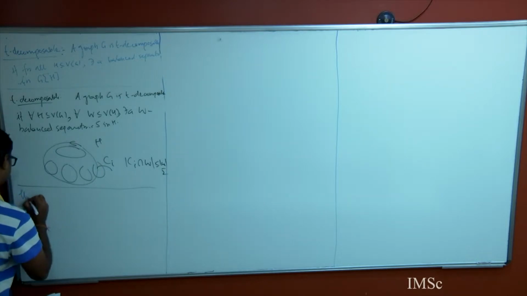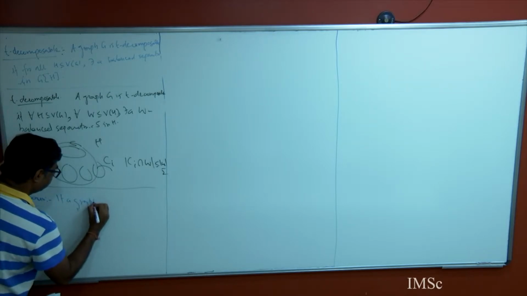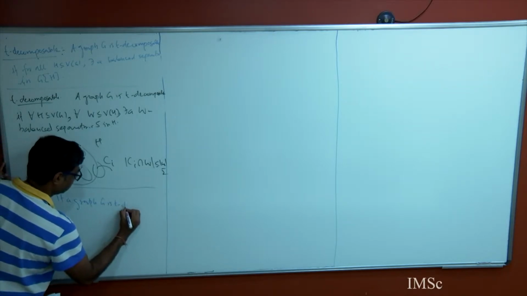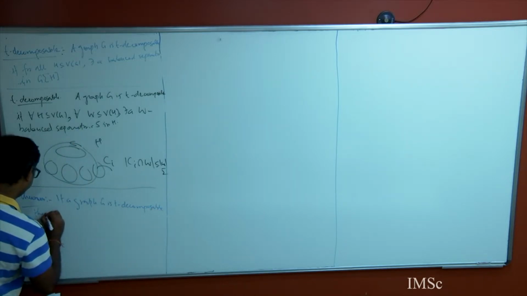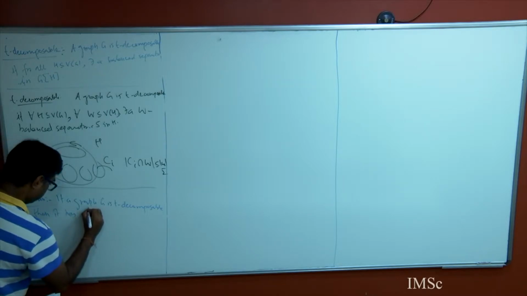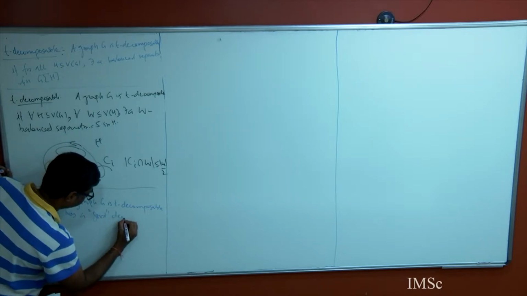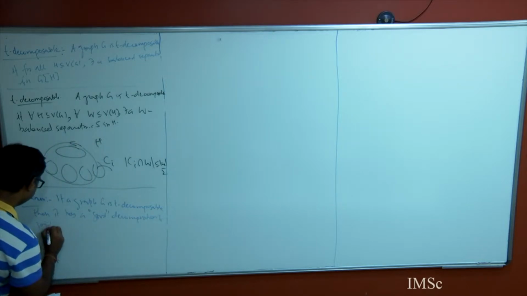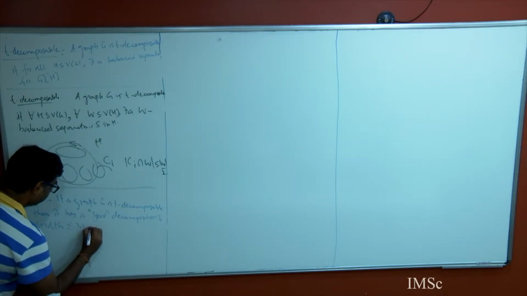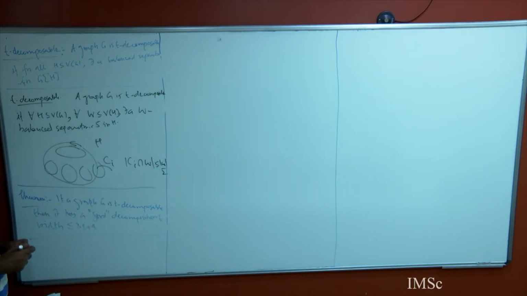We showed a theorem which said if a graph G is T decomposable, then it has a good decomposition of width 3t plus 4. And that was precisely the notion of tree decomposition that we were looking for.